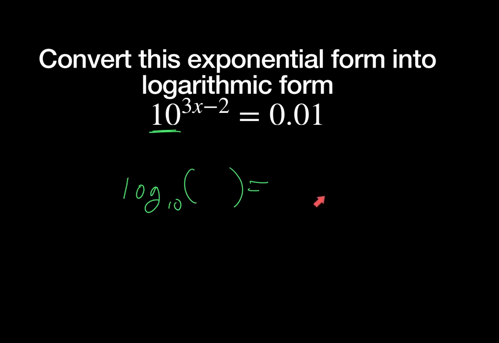This is the exponent. 3x minus 2. And then what it equals in an exponent, that's what's inside of there. So it says convert to exponential. At that point, we would be done. On an exam, it would say convert to exponential, part A. Part B would then say solve for x.